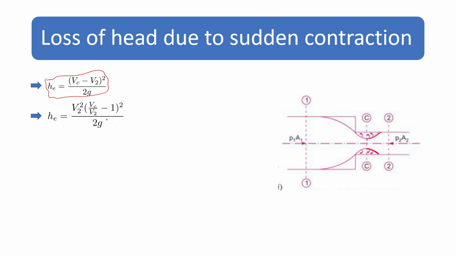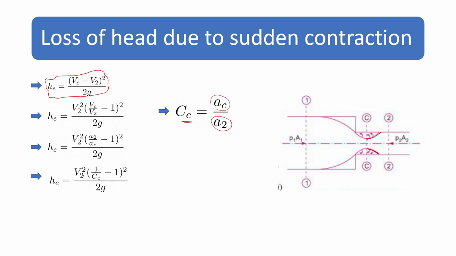And you know the coefficient of contraction is equal to the area at vena contracta by the area of this orifice, or you can write it as A2. If you substitute here, you will get V2 square into (A2 by Ac minus 1) the whole square by 2g. This is equal to V2 square into (1 by coefficient of contraction minus 1) the whole square by 2g.